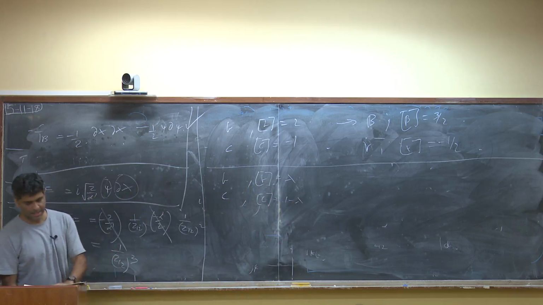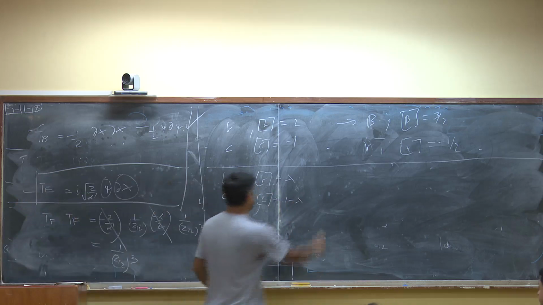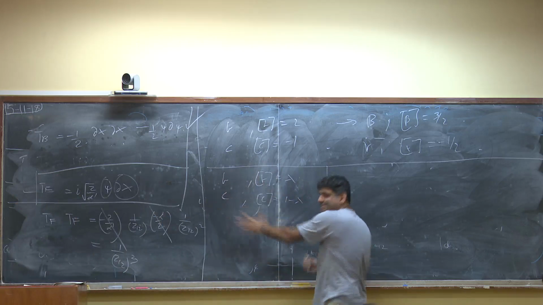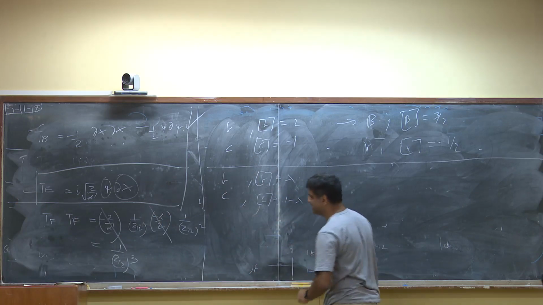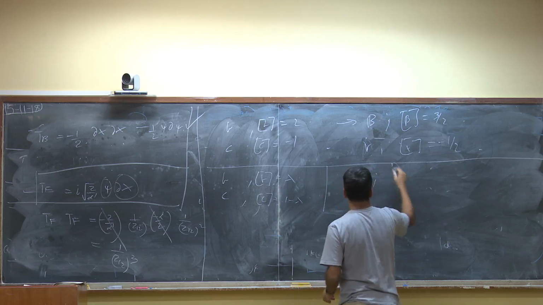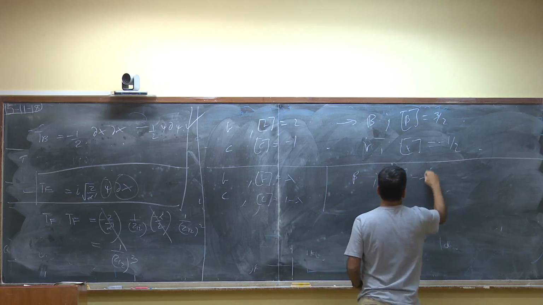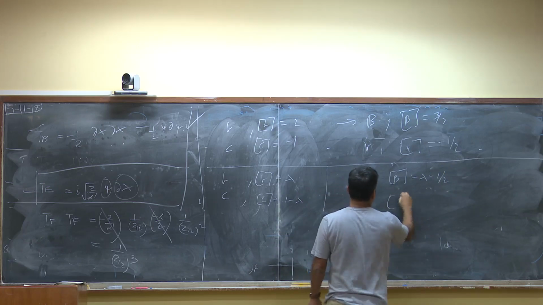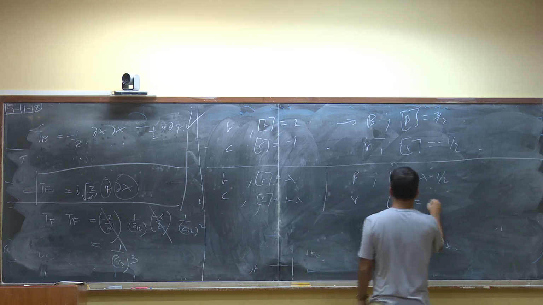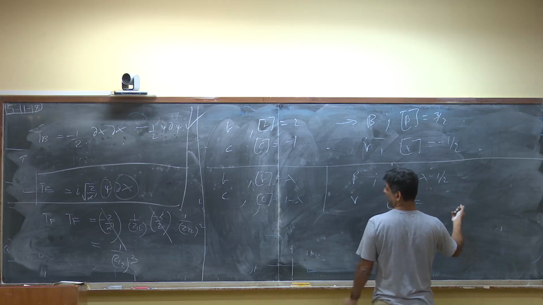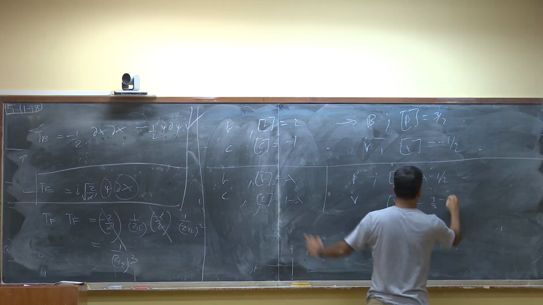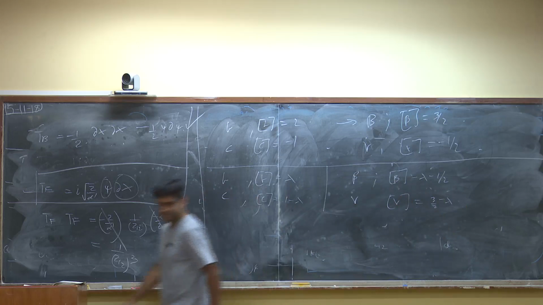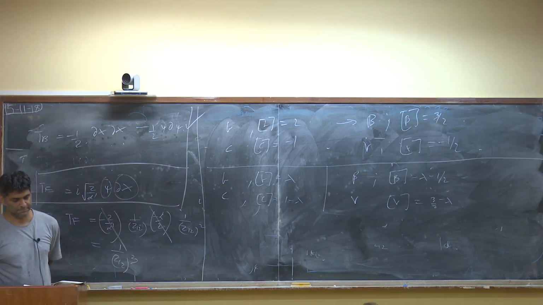So the natural guess is that we can take this general system and supersymmetrize it with a beta such that the dimension of beta is equal to lambda minus 1/2, and gamma such that the dimension of gamma is equal to 3 by 2 minus lambda.